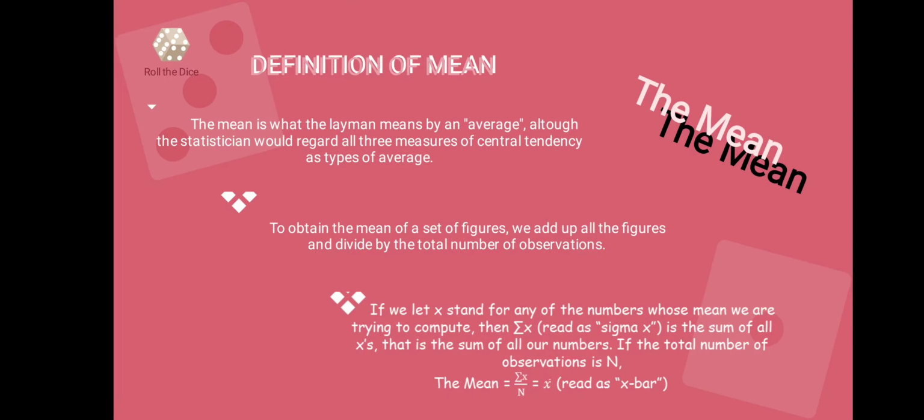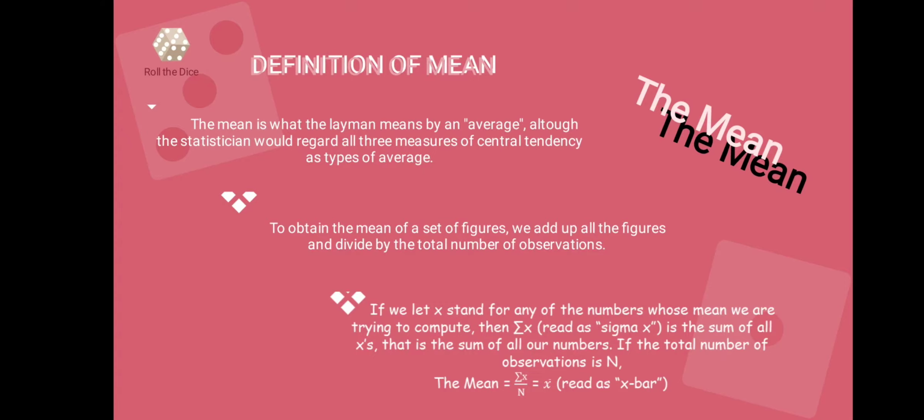Definition of mean. The mean is what the layman means by average, although the statistician would regard all three measures of central tendency as types of average. To obtain the mean of a set of figures, we add up all the figures and divide by the total number of observations.